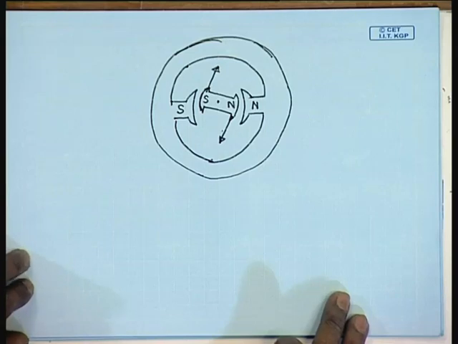In fact, the arrangement can be reversed. That is, the permanent magnet may be on the stator and the electromagnet may be on the rotor. This is what is done in case of a DC machine, at which we will have a slightly more detailed look.